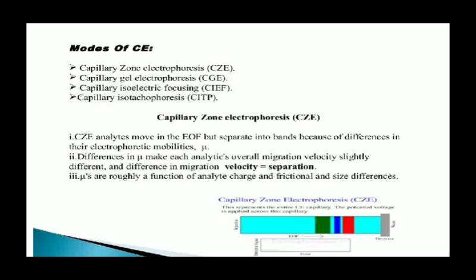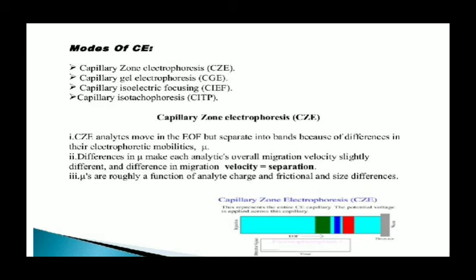Now, there are some common capillary electrophoresis separation techniques. It has four modes: capillary zone electrophoresis, capillary gel electrophoresis, capillary isoelectric focusing, and lastly capillary isotachophoresis. We'll see about it in a short manner. First one is capillary zone electrophoresis.